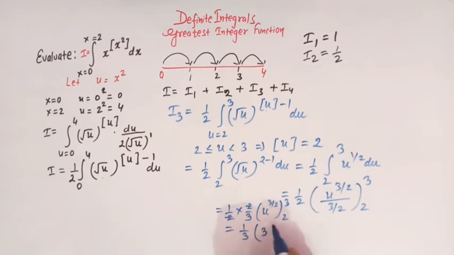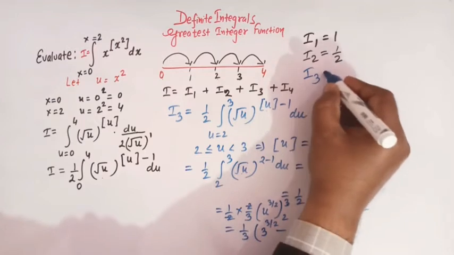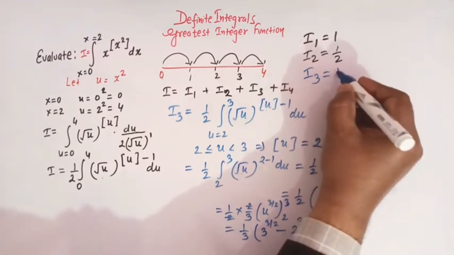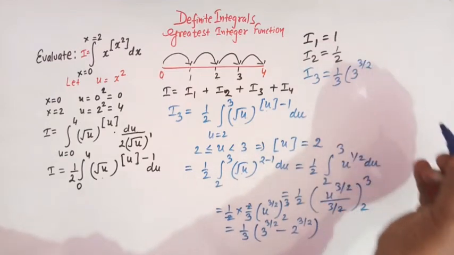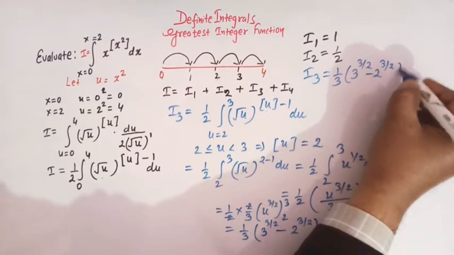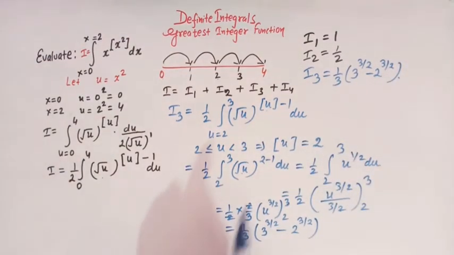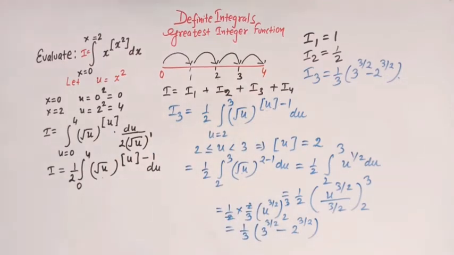So this is 3 raised to 3 by 2 minus 2 raised to 3 by 2, right? So the value of I3 is equal to 1 over 3 times (3 raised to 3 by 2 minus 2 raised to 3 by 2), right? Now let us calculate the last integral, that is I4.